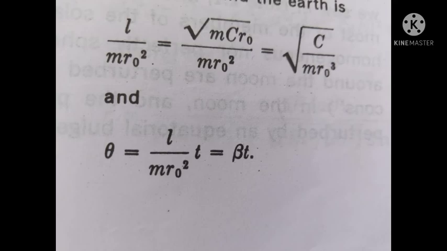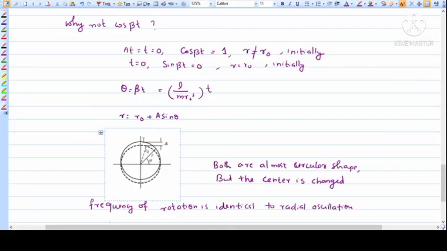So comparing the equations for L and theta dot, we can arrive that L by m r0 square is equal to root of C by m r0 cube, and theta is equal to L by m r0 square t. So L by m r0 square is beta, so theta is equal to beta t, and also we can arrive at the equation that the frequency of rotation and the frequency of radial oscillation are the same.